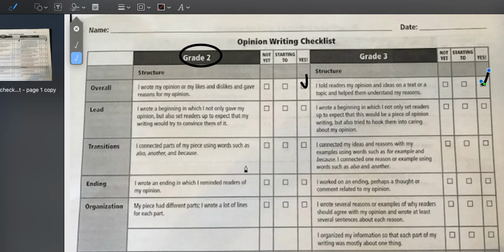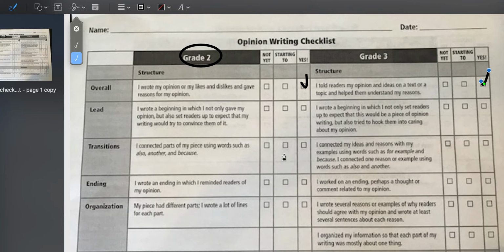What this is going to do for us in this structure part, which is the only part you're looking at today, is tell you what you need to work on for your next piece of writing. So this week, we're going to be going through the opinion writing checklist together for each section, and you're going to be marking that in your writing.